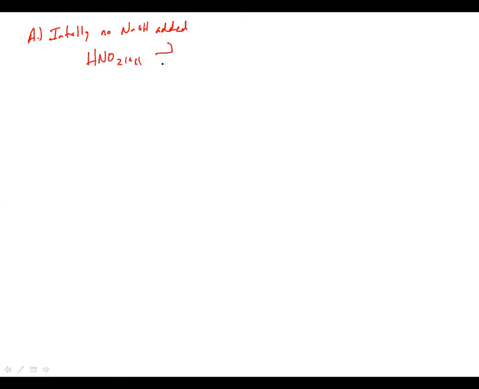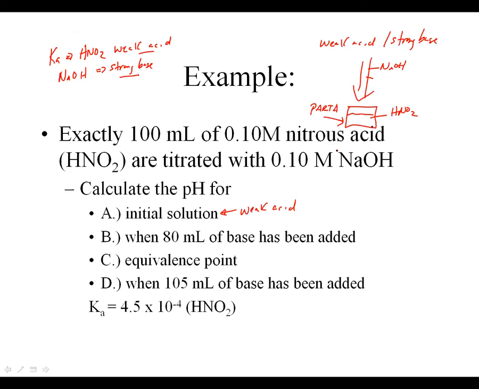It will dissociate. And as we talked about earlier today, you do need to do an ice table. And your ice table should look something like this. We are going to use our initial concentration of the nitrous acid, which is 0.1 molar. We also, while we're here, are going to need that Ka value of 4.5 times 10 to the minus 4.